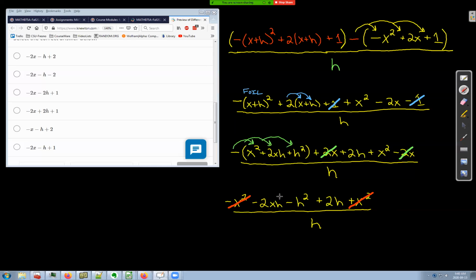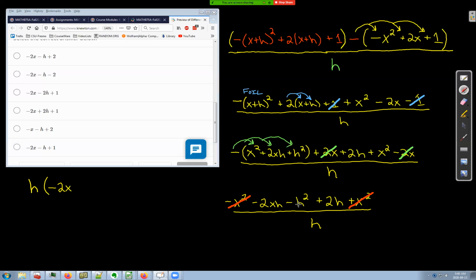Well, if I look at the numerator, everything in the numerator has an h. So why don't we factor that h out? If I factor the h out of the numerator, I get h times, let's see what's left. There's a negative 2x, and since I factored the h out, there's no h.